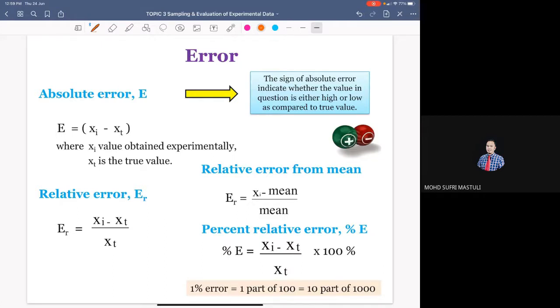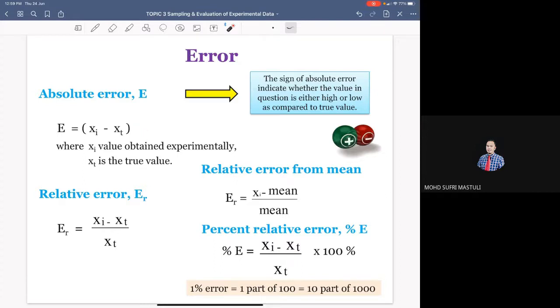Absolute error is the value obtained minus the true value. This is the absolute error: value obtained minus true value.